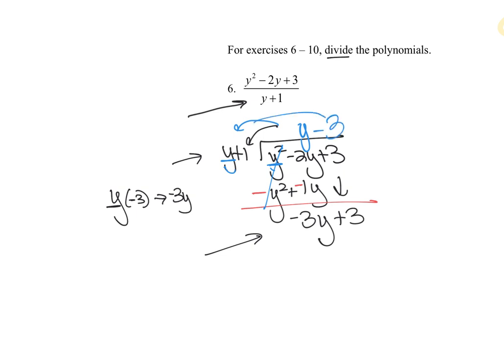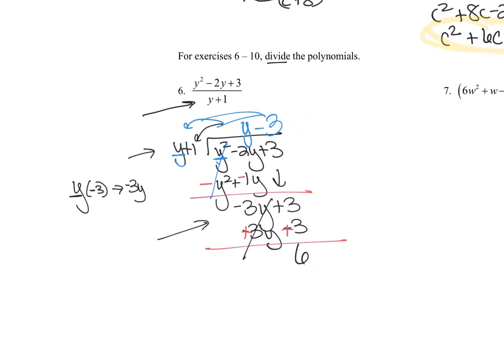Coming back around, got to multiply it to everybody. So that's going to be negative 3y and a negative 3. What do you do at this point when you draw the line? You subtract, which is a sign change and a sign change. The first term zeroes out. The second term gives you 3 plus 3, which is 6.